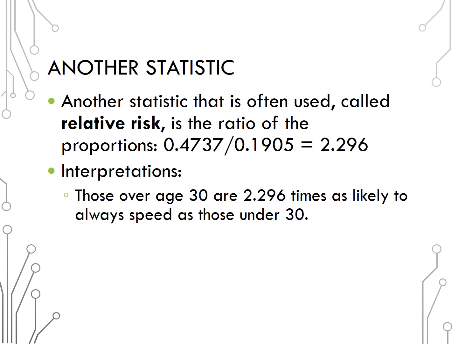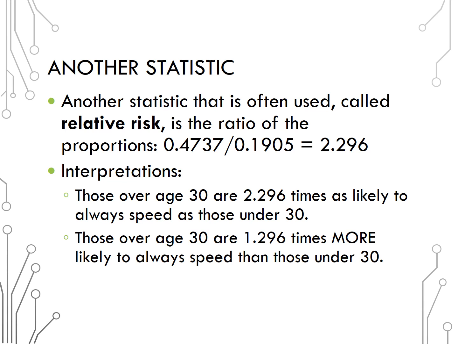If you want to talk about how much more likely or less likely something is to happen, you need to subtract 1 from your relative risk. In other words, you could say, those under age 30 are 1.296 times more likely to always speed than those over 30. We could also change relative risk to a percent increase or percent decrease.